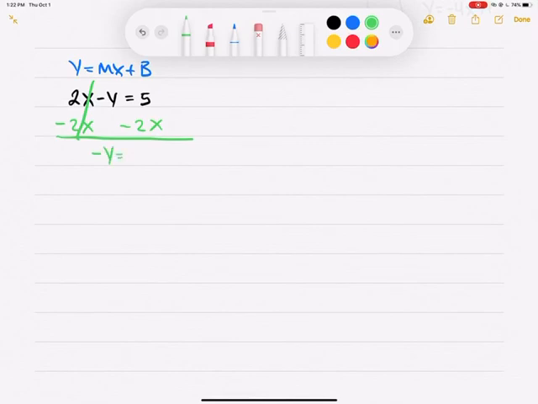Negative y equals negative 2x plus 5. Then get rid of the negative 1 in front of the y by dividing both sides by negative 1. These negatives will cancel, and I'll be left with y equals 2x minus 5. A positive divided by a negative is a negative.